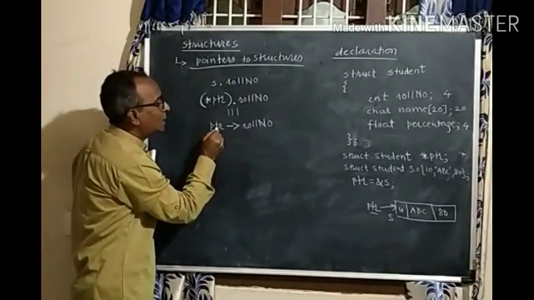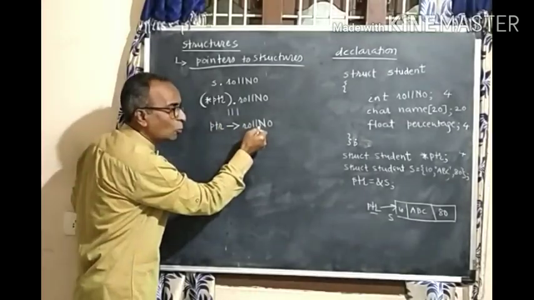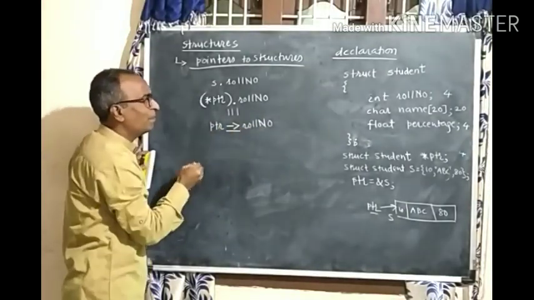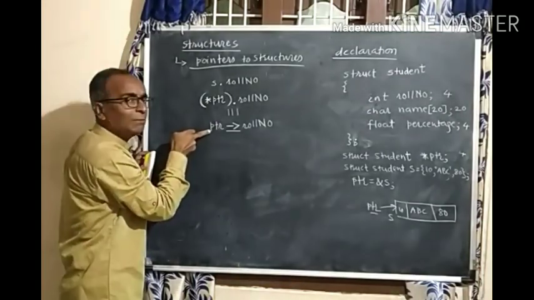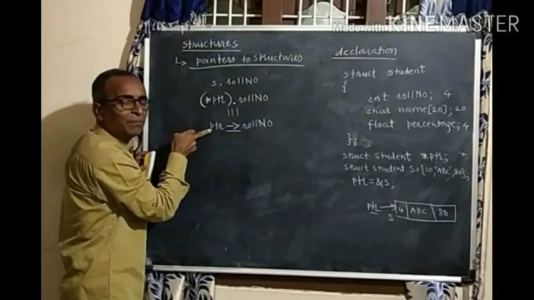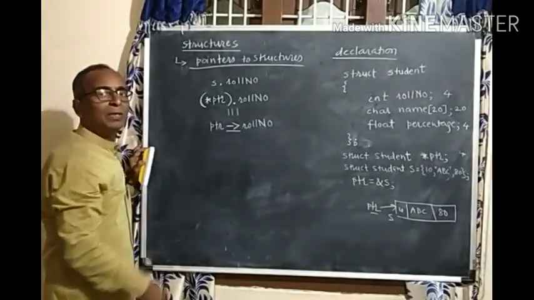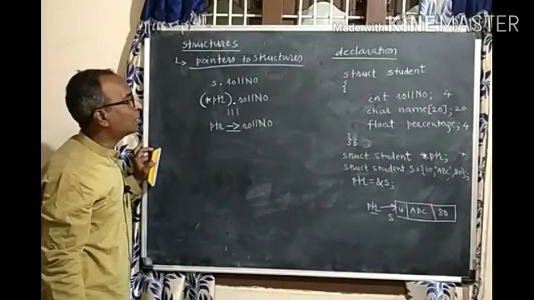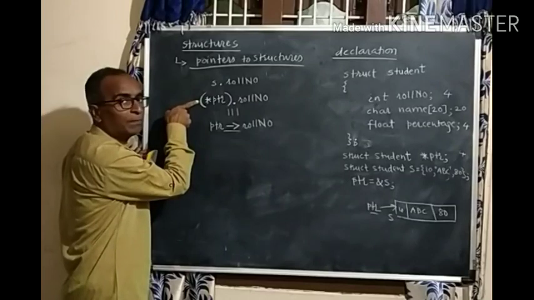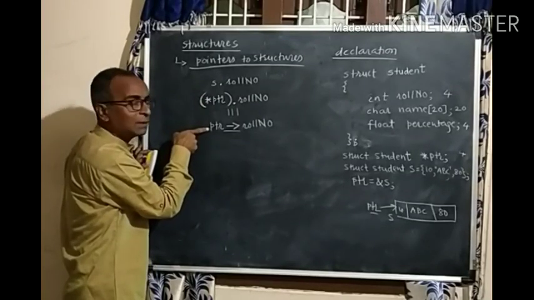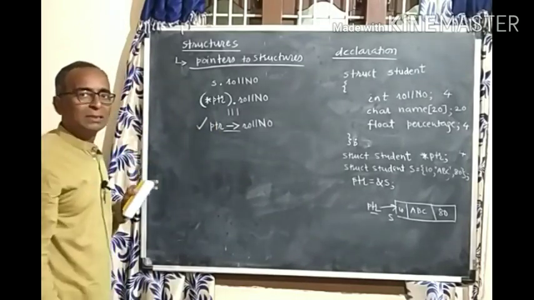This says: wherever this pointer is pointing, its roll number field. Which is the easier way when you are accessing with a pointer? This is the easiest way. Either you can use this way or that way of accessing, but this way is easier.